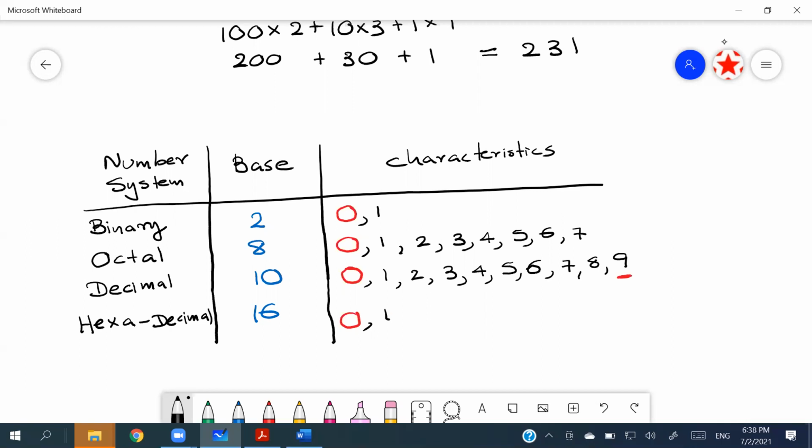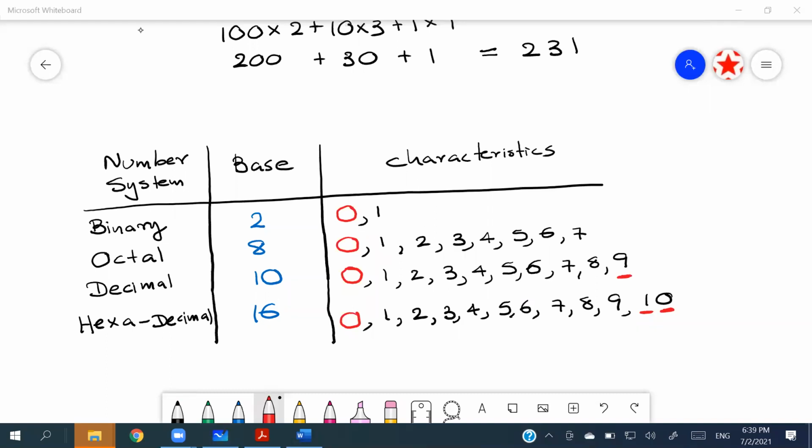Now, if I continue the characters 1, 2, 3, 4, 5, 6, 7, 8, 9, then if I write 10, there is going to be a problem. The problem is that 10 is repeating some characters, which are 1 and 0, which are already over here. So we can't do that when we are introducing the number of different characters in a particular number system.